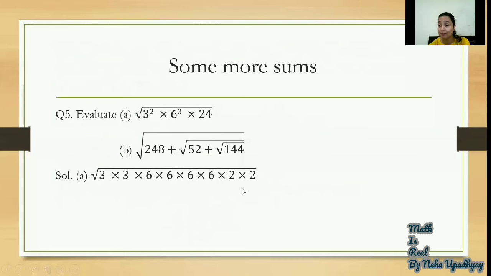I have purposely chosen 6 fours so that one more 6 can come here, and 4 can be written as 2 multiplied by 2. So 3 from this pair, 6 from this pair, 6 from this pair, and 2 from this pair. The square root is open. Later, just multiply them all, and here is your answer.